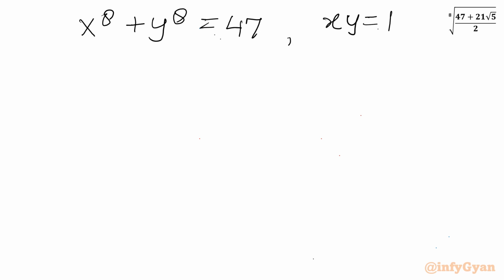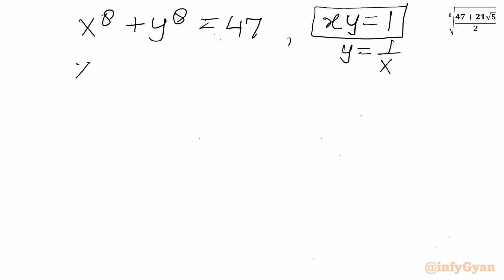So our first equation was x^8 + y^8 equal to 47, and the second equation, xy equal to 1. So from the second equation I can write y will be equal to 1 over x.